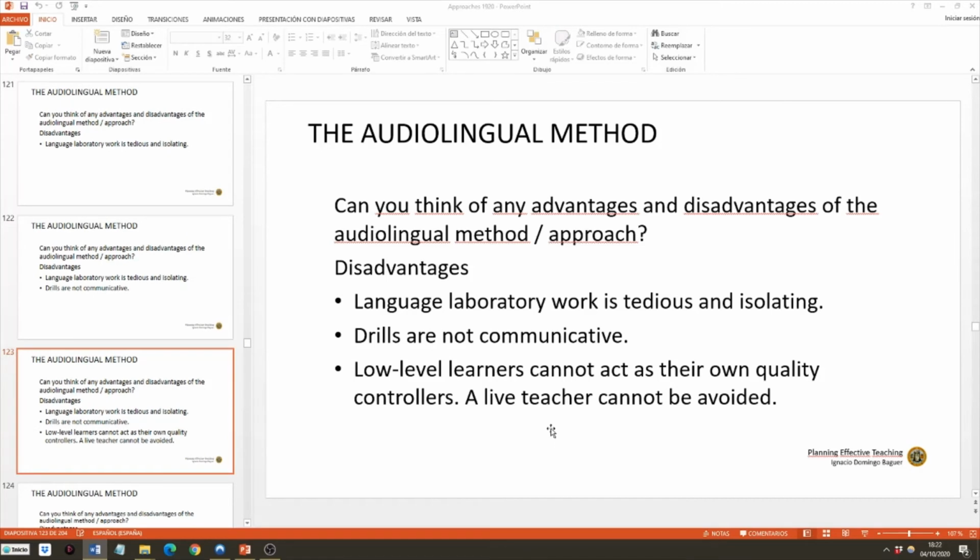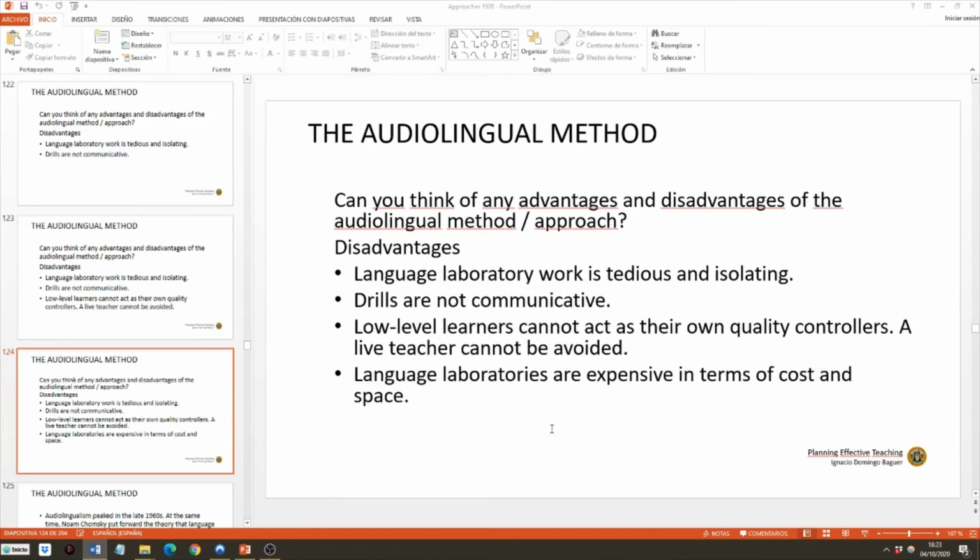Another disadvantage, or maybe this could be an advantage depending on your point of view, is that there is a great dependence on teachers rather than on textbooks, and consequently, given the focus on accuracy, native teachers with a perfect pronunciation are required.